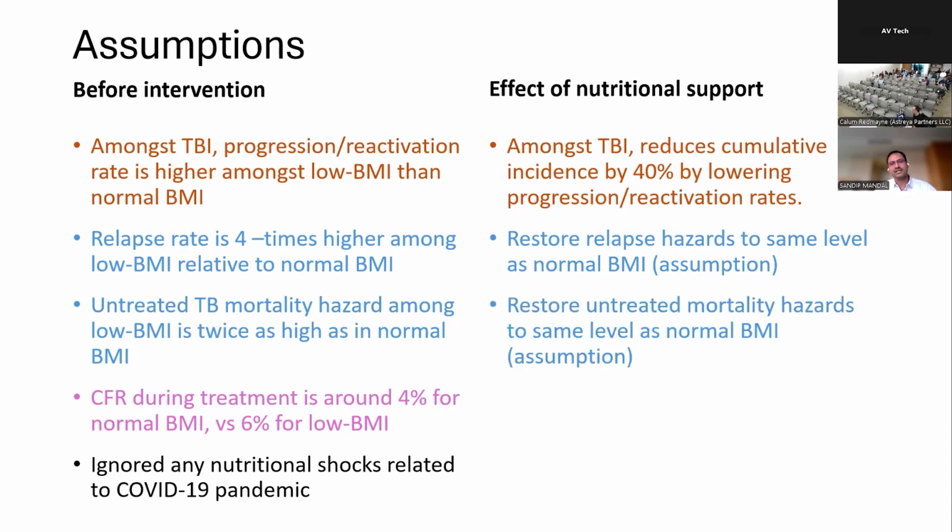Similarly, for mortality hazard, if we give nutritional support, we assume it would be at the same level as normal BMI, and likewise the case fatality rate during treatment. These are the assumptions for interventions. From the recent trial, the only observation is the 40% lowering of incidence, which means progression and reactivation rate is reduced by 40%.